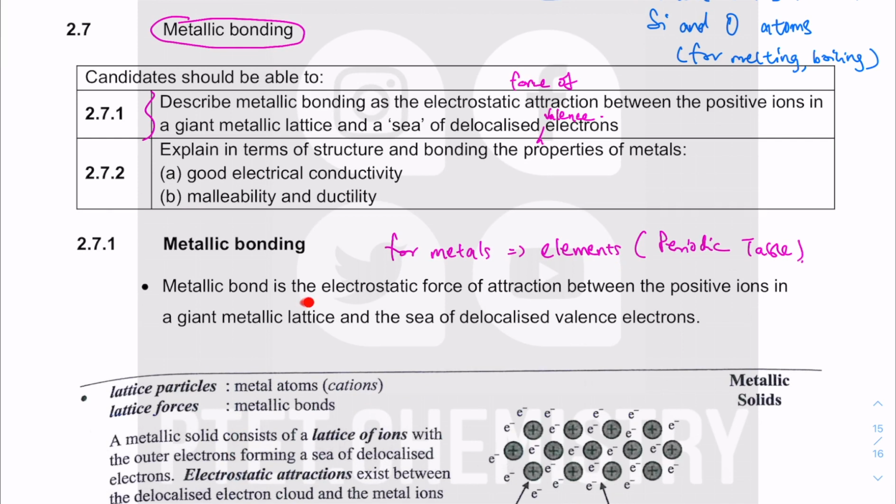So for metallic bonding, again, it is the electrostatic force of attraction between the cations in a giant metallic structure and the sea of delocalized valence electrons.